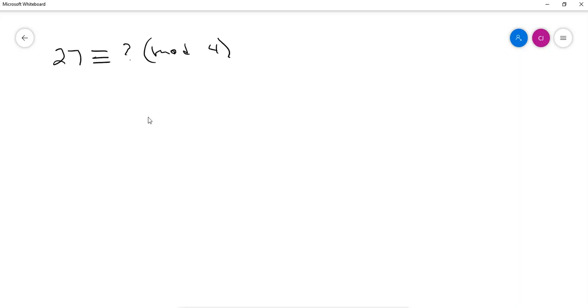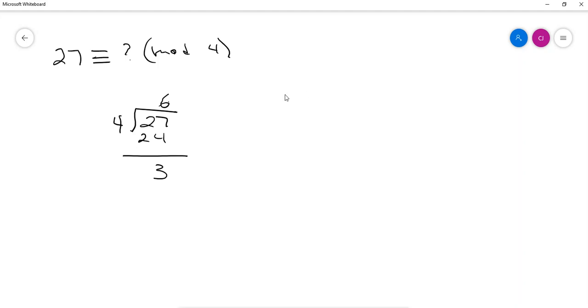So you're going to take 27 divided by 4. So you take this number, whatever it is here, and you divide by this mod. You do the longhand. You say 6 times 4, right? 24. Remainder 3. So that's my congruence right there, the 3.